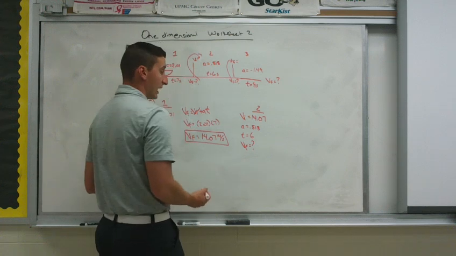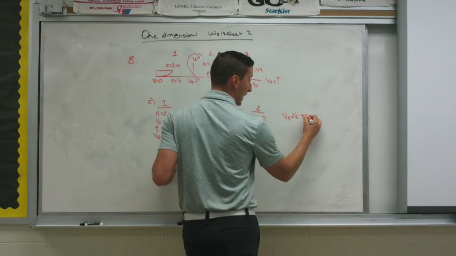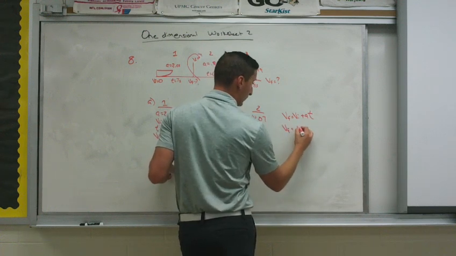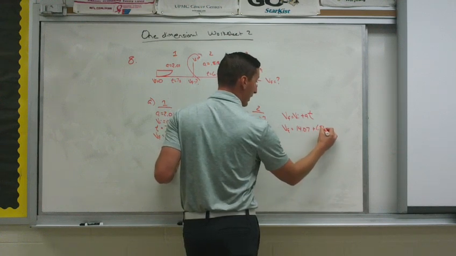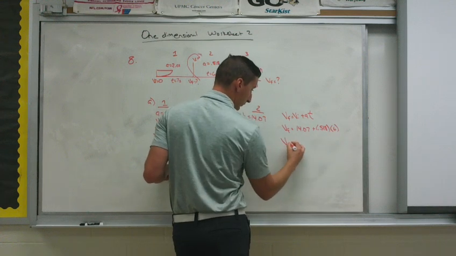So again, I'm going to use the same one. Vf equals Vi plus at. Vf is what I'm looking for, Vi is 14.07 plus a 0.518, t 6 seconds.